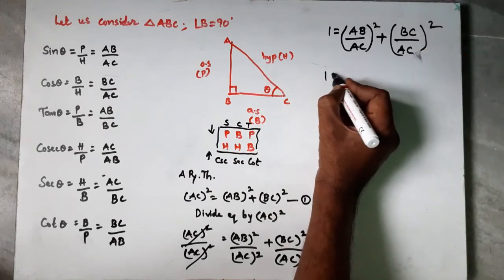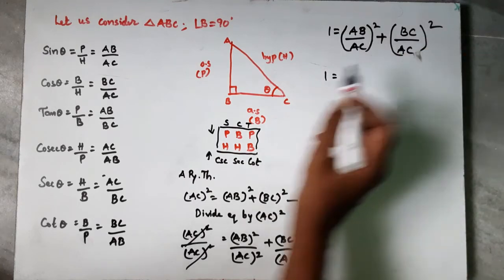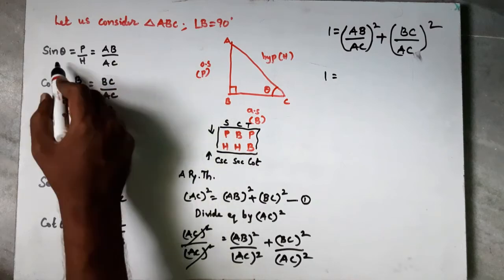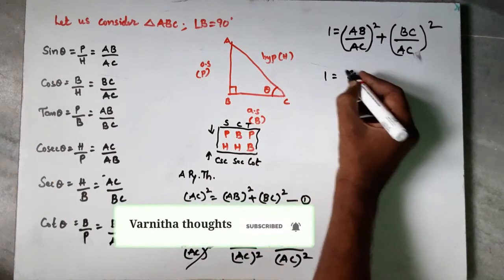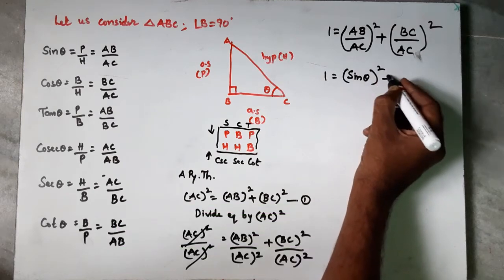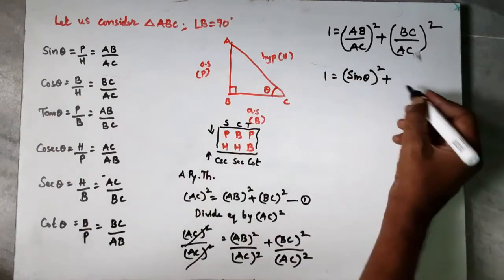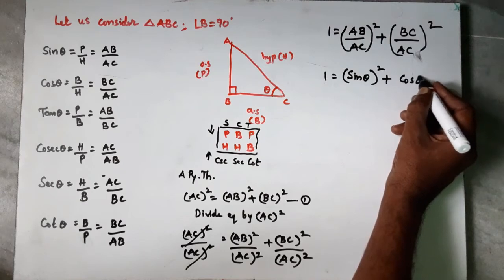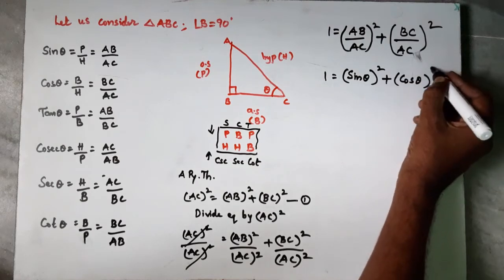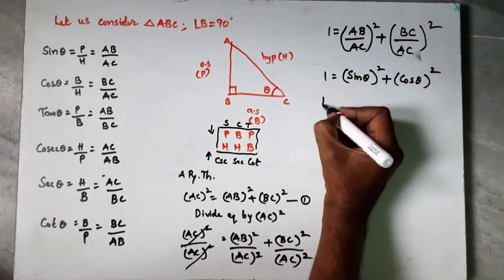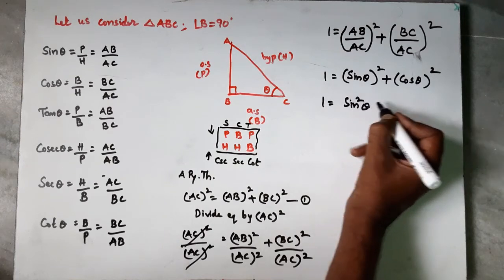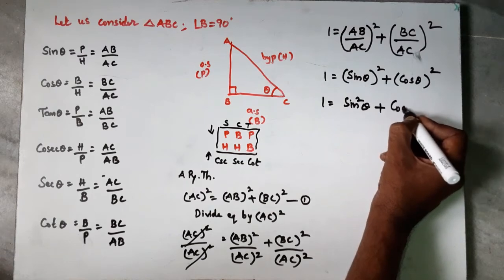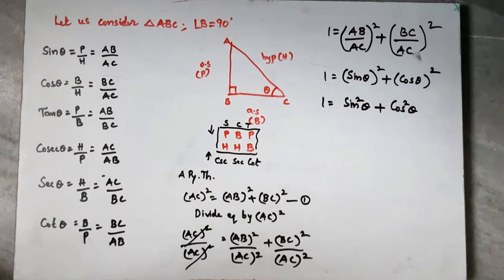AB by AC is nothing but sine theta, and BC by AC means cos theta, so this can be written as sine square theta plus cos square theta.